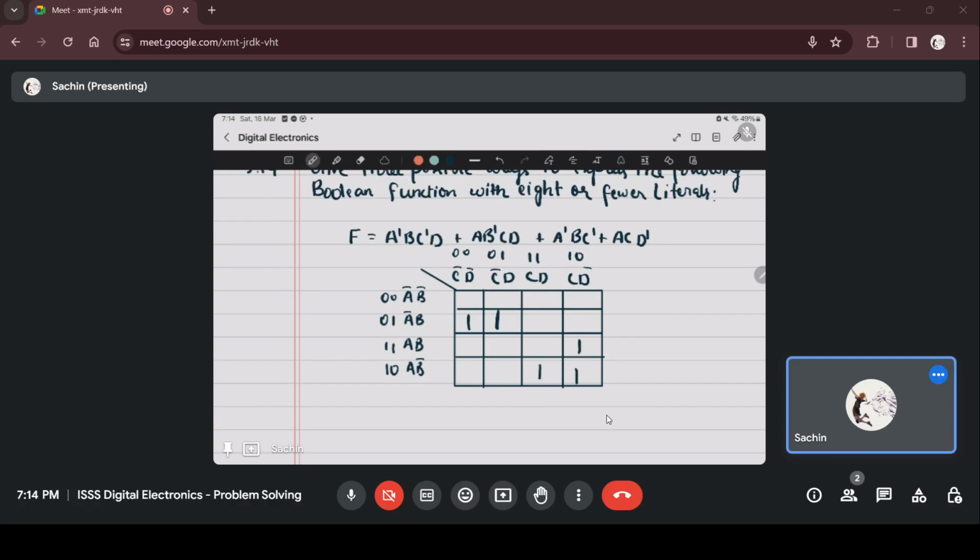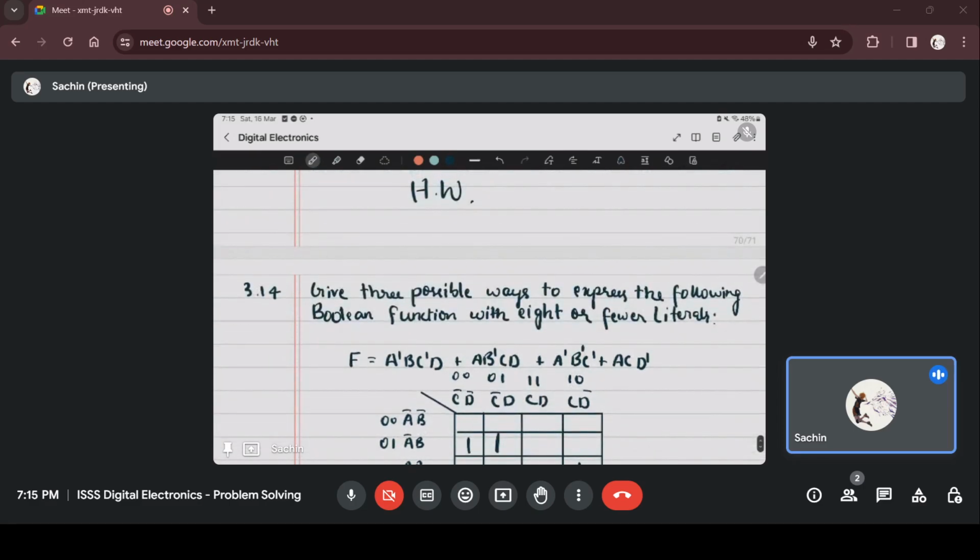A c d prime are those two cells. There's a slight correction here. This is A prime, B prime, C prime.